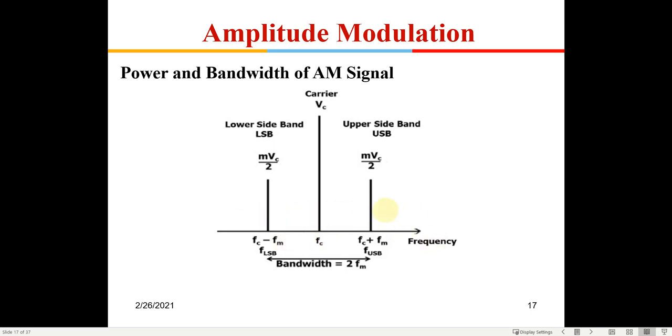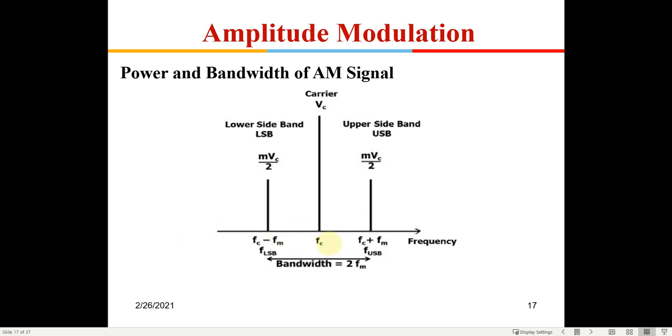So this is the 2 FM. Suppose I am sending a 100 megahertz signal, and I am using a 1 kilohertz tone which I want to transmit, then this will be 99.999 megahertz and this will be 100.001 megahertz.